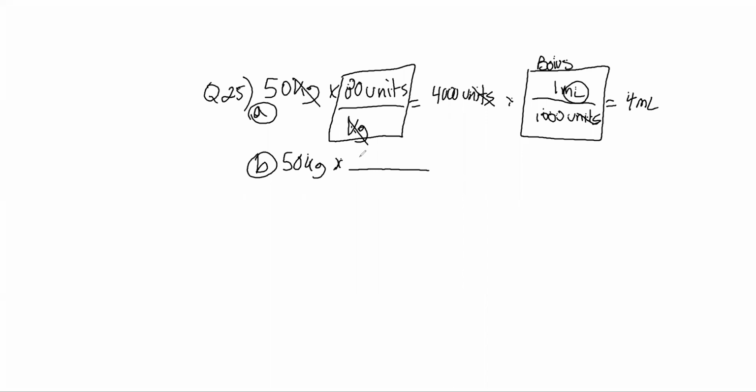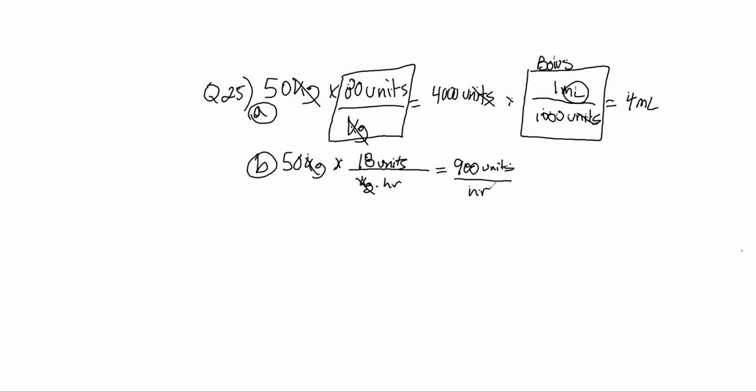So I'm going to put that in there, 18 units per kilogram per hour. We get rid of kilograms, and then we get 900 units per hour.